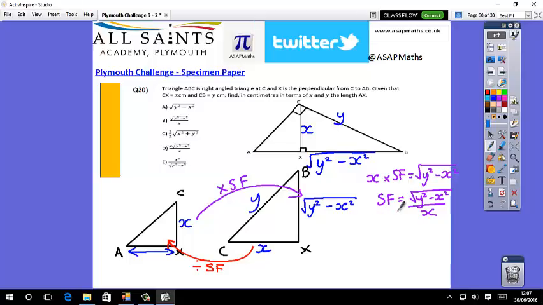So let's have a look at that in red now. AX is going to be equal to X divided by the scale factor, which we have here. So let's lay that out nicely. So I'll have X over 1 divided by the square root of Y squared minus X squared, all divided by X. Okay, so now I'm going to keep my front fraction the same, so I've got X over 1, change the divide for a times, and flip the back fraction.